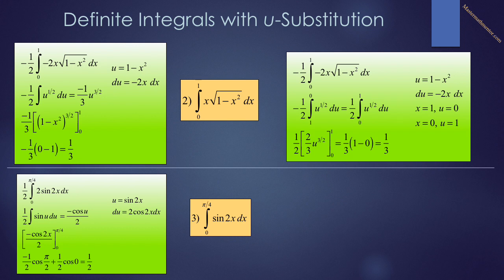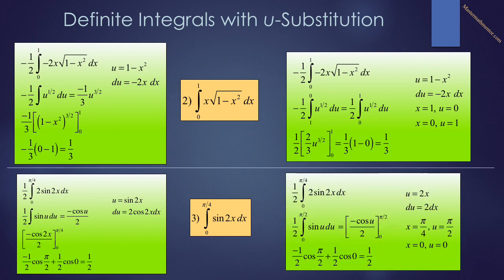So changing back to x, we get negative cosine of 2x over 2 evaluated between 0 and pi over 4. So this becomes negative cosine of pi over 2 plus 1/2 cosine of 0. And our answer turns out to be 1/2.